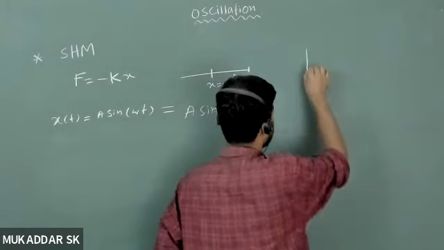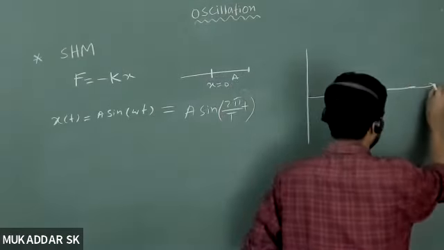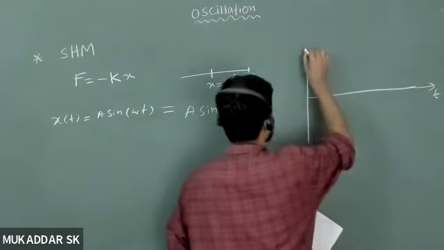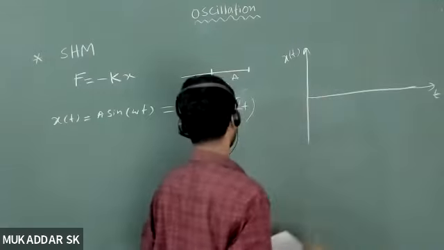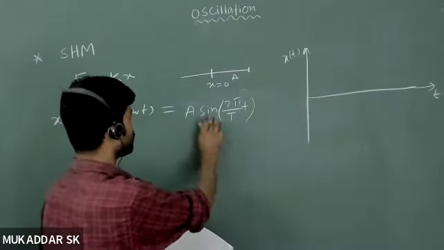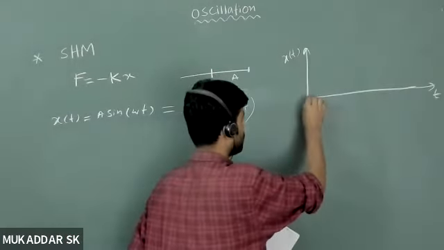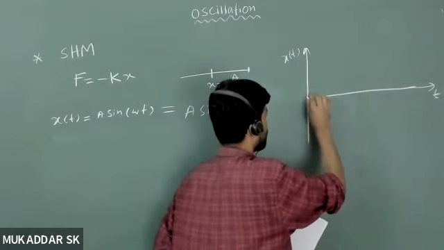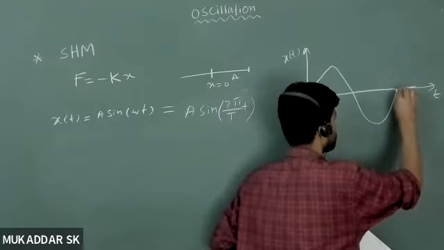If you plot this function, displacement as a function of time, x of t, this is a sinusoidal function, right? So at time t equals 0, your oscillator is at 0, so obviously displacement will be 0. Now the function will be like this, because this is all about your sinusoidal function.